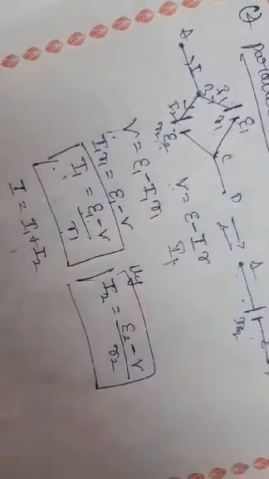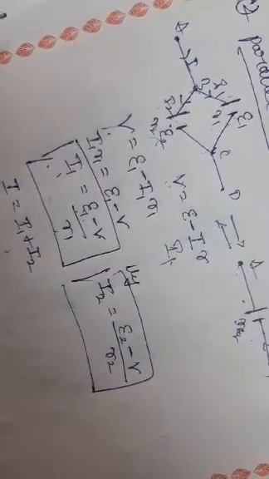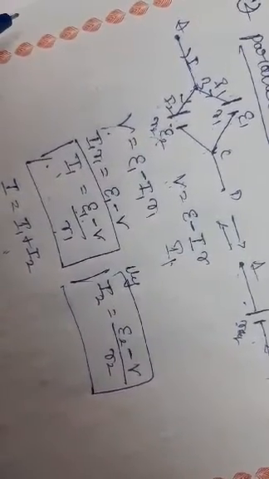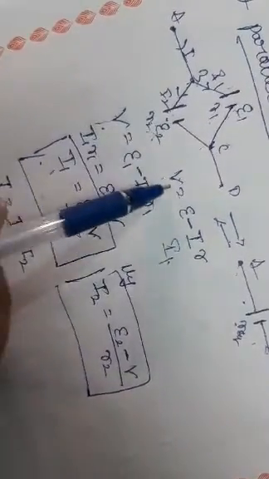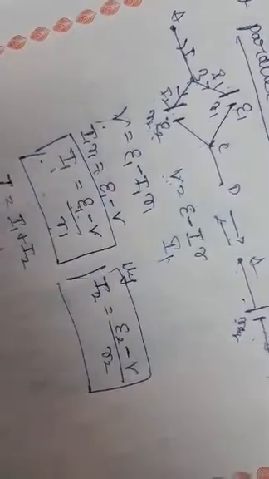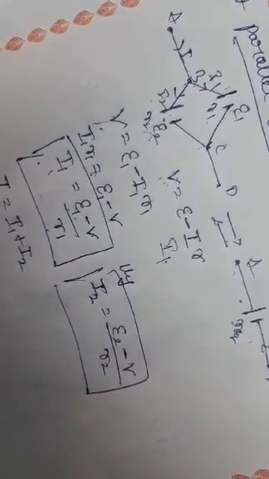Once again, what is the meaning of parallel combination? Two or more cells are said to be in parallel when the current flowing through each cell is different and the potential difference is the same. What is the meaning of series combination?